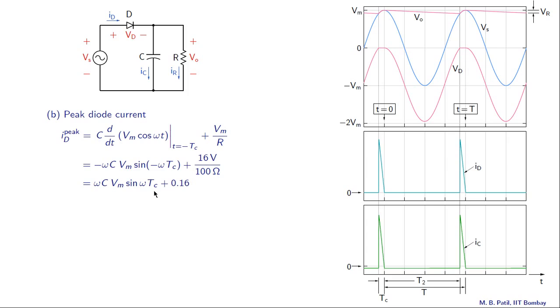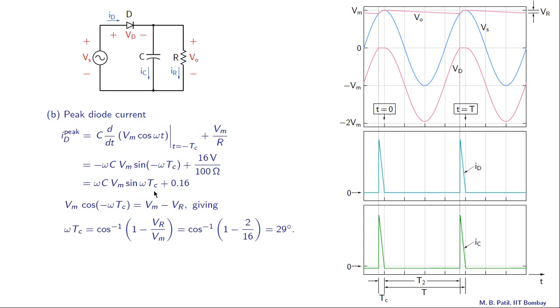Now in this expression we know everything, omega C Vm, except Tc. So Tc is something that we need to figure out, and let us see how that can be done approximately, from this equation. What can we say about the value of VO at this point t equal to minus Tc?